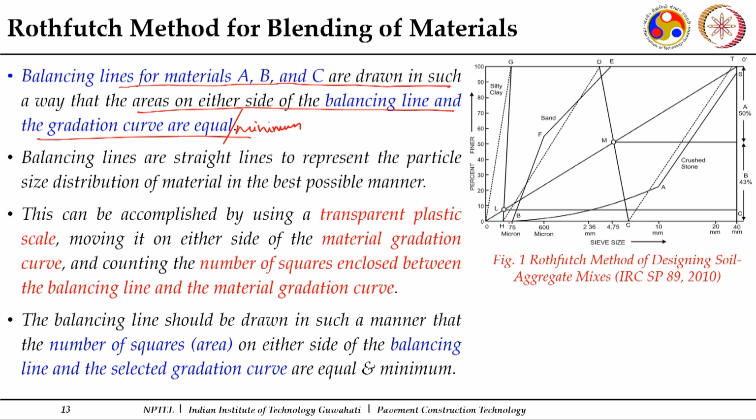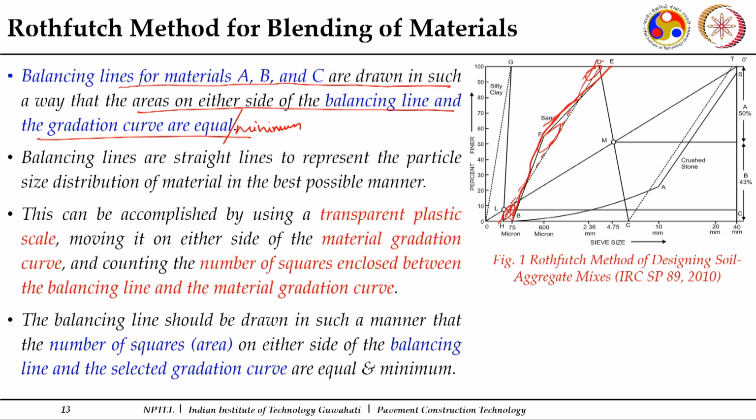So, if you can see, this is one gradation, B gradation, going from here. Sorry, exactly it is not that. This is your aggregate gradation B. So, a balancing line for this particular one is drawn, this dotted line. What is there on the graph paper? I will see how many squares are on this side, how many squares on that side.